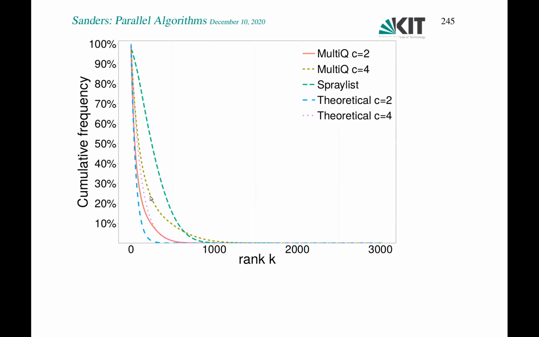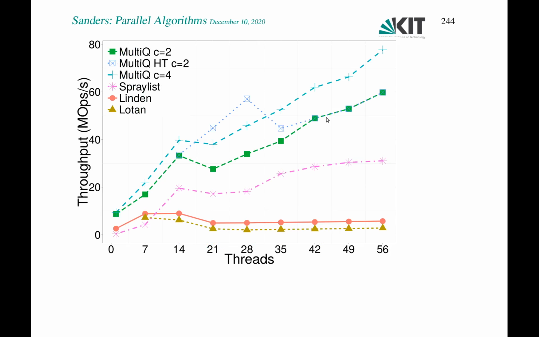So here it's difficult to compare the quality, but one could perhaps argue that the multi-queue is of better or comparable quality than the spray list, and then that it would be a fair comparison to compare these two things where we have a factor of much more than 2 in performance.